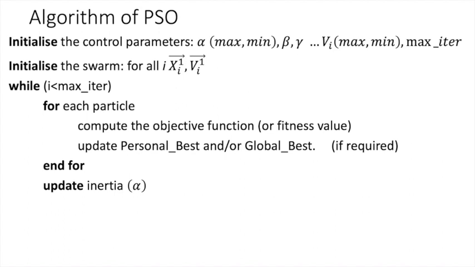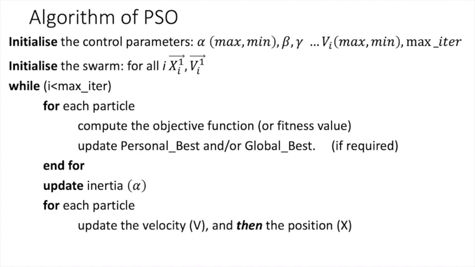Remember, we said that we decrease alpha gradually in future iterations. And then we compute the next set of velocities and location for each particle. At this stage, we have computed one iteration of PSO. So we go back to the start of the while loop, which is in the third line of this slide, and repeat the process until we have run out of iterations.